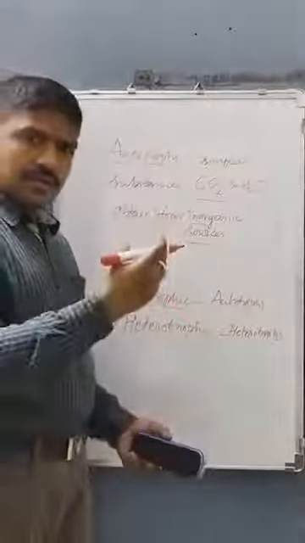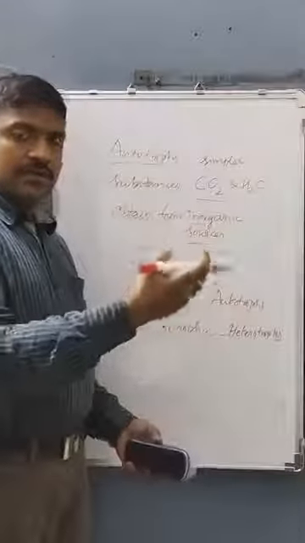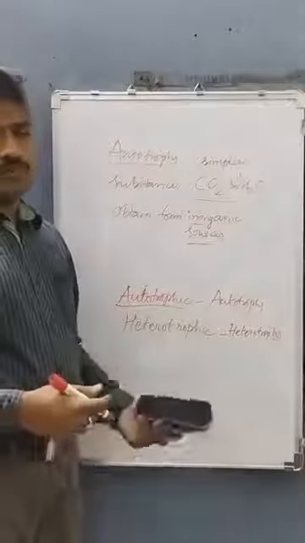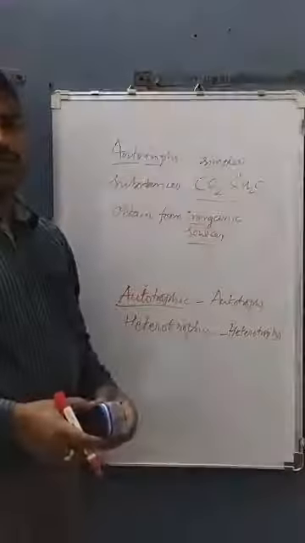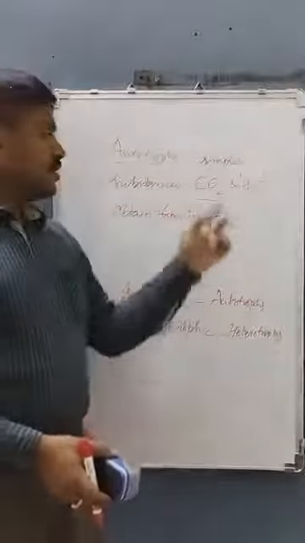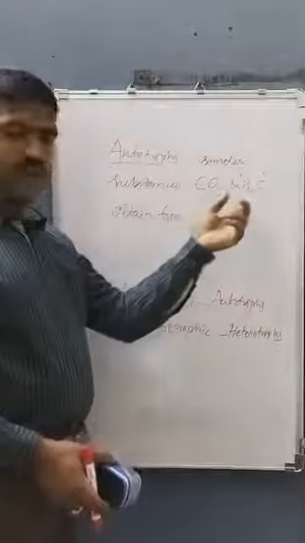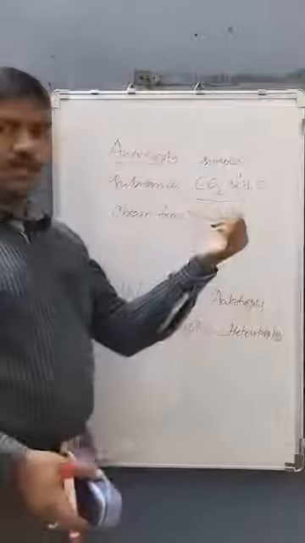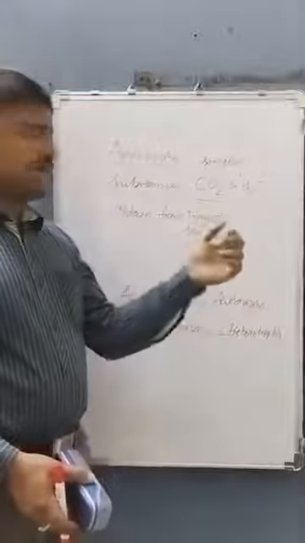CO2 they take from the environment, from the atmosphere. Water they take from the hydrosphere, which is present in the lithosphere, etc. Totally, the water is available. CO2 and water are not available from other organisms.